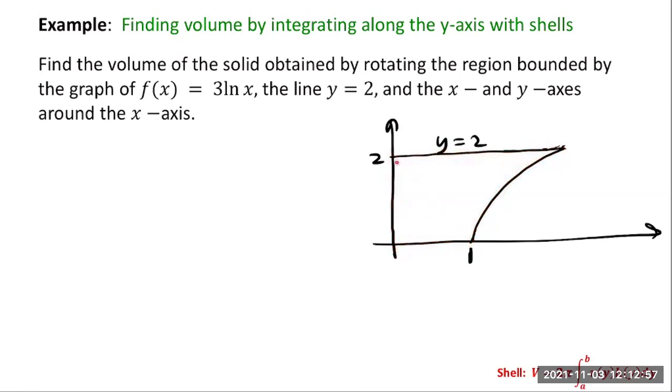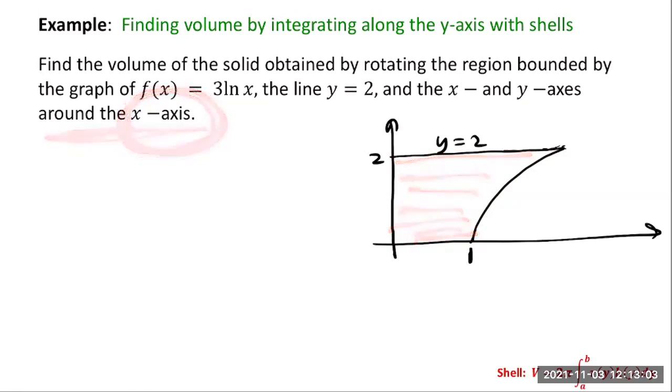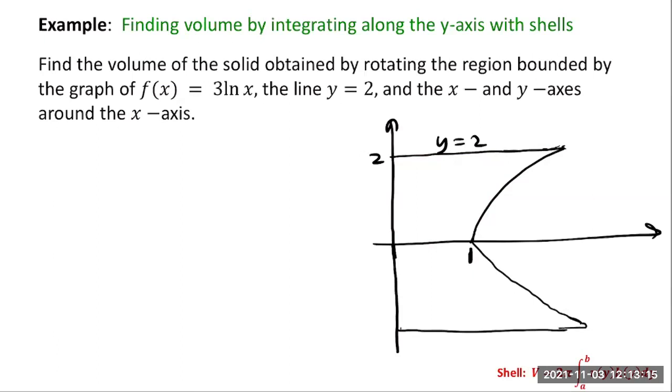What we do is rotate this region about the x-axis. Notice that we need to rotate that region around the x-axis. So if you rotate this region about the x-axis, you will get a solid object like this.